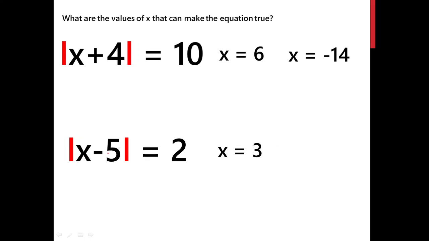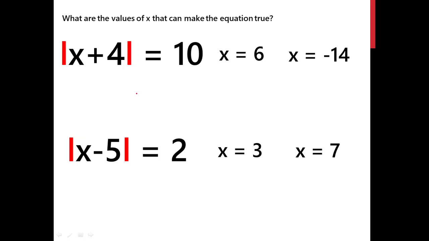Because 3 minus 5 is negative 2 and the absolute value of negative 2 is 2. What about the other value? That is 7. Because 7 minus 5 is 2. The absolute value of 2 is also 2.